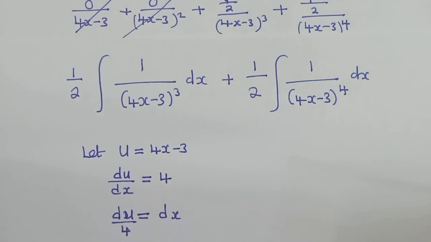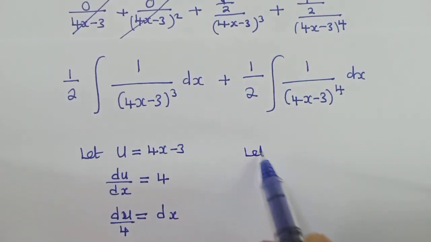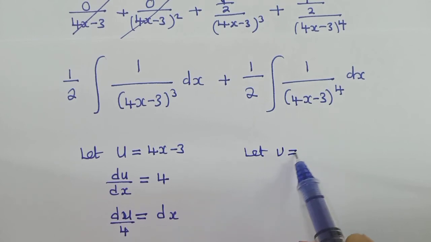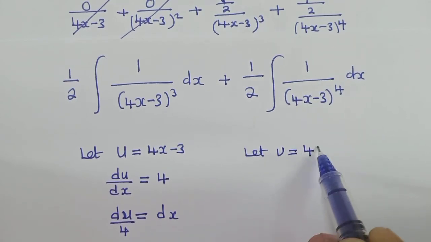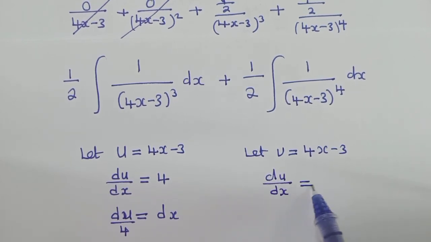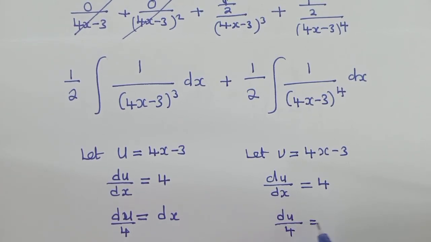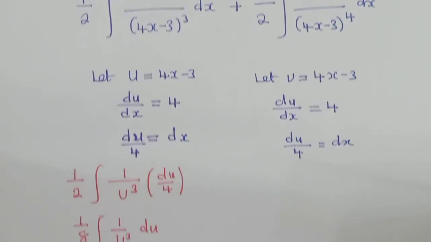The next part we do the same. We say let u be equal to 4x minus 3. So du dx will be equal to 4. Du over 4 is equal to dx. We make dx the subject of the formula.